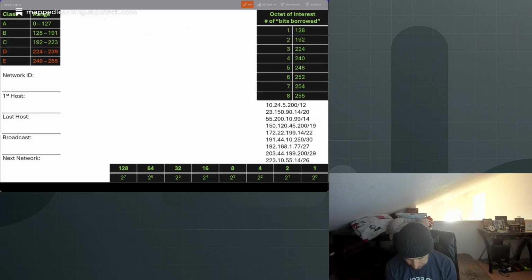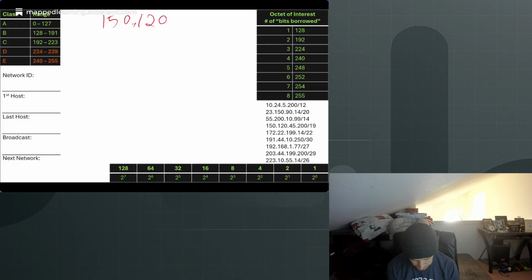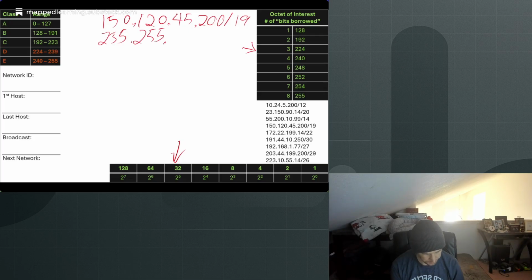Next one, 150.120.45.200/19. Okay, how many bits are we borrowing? 8, 16, 3 bits in the third octet. So 3 bits, 255.255.224.0 is our new subnet mask.